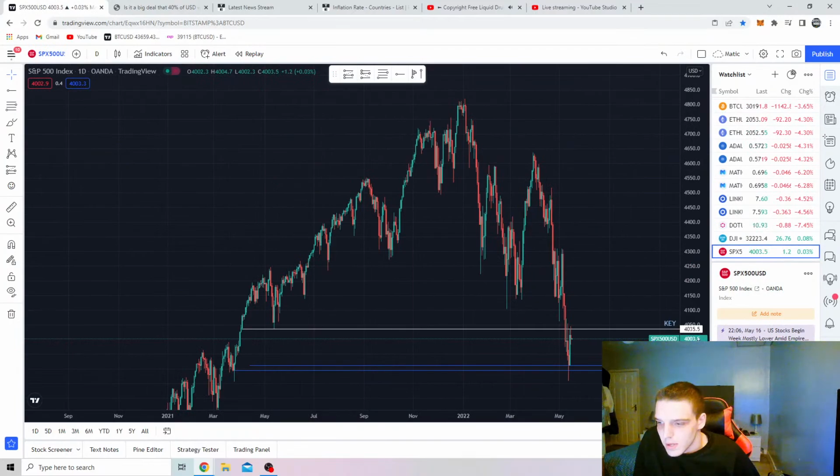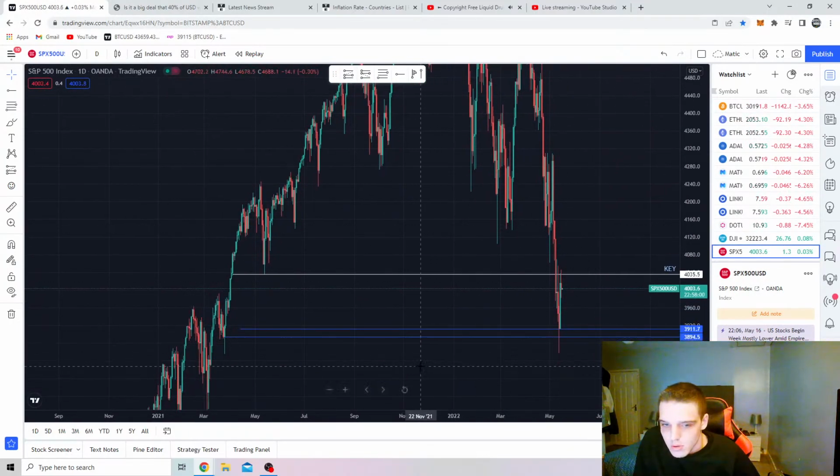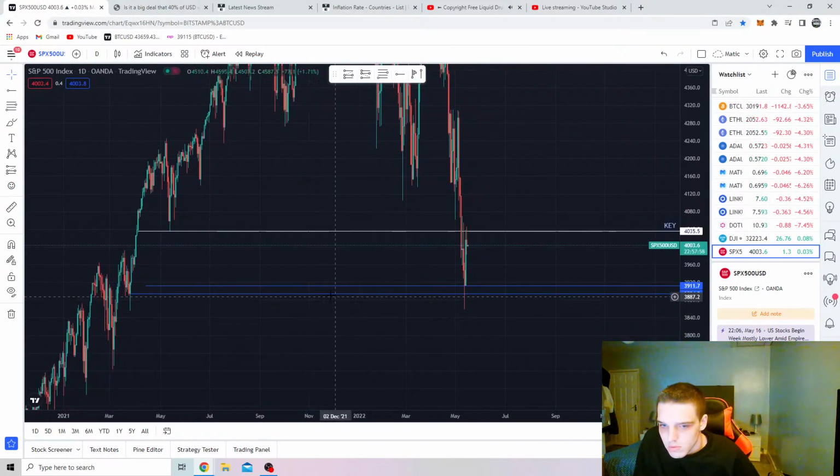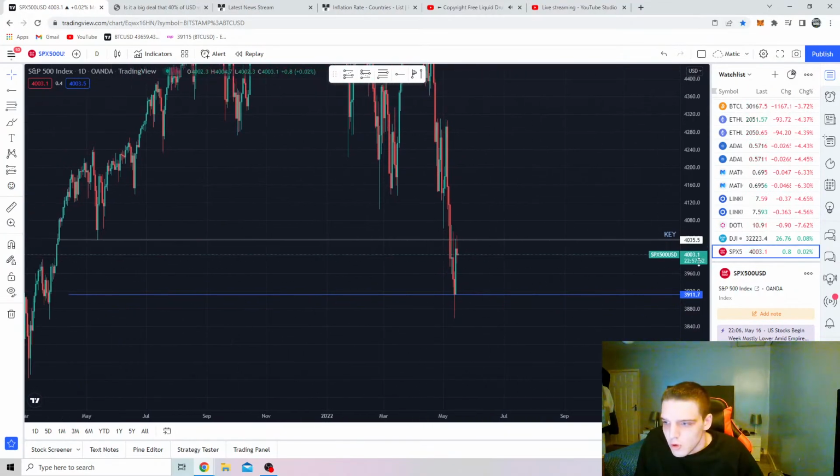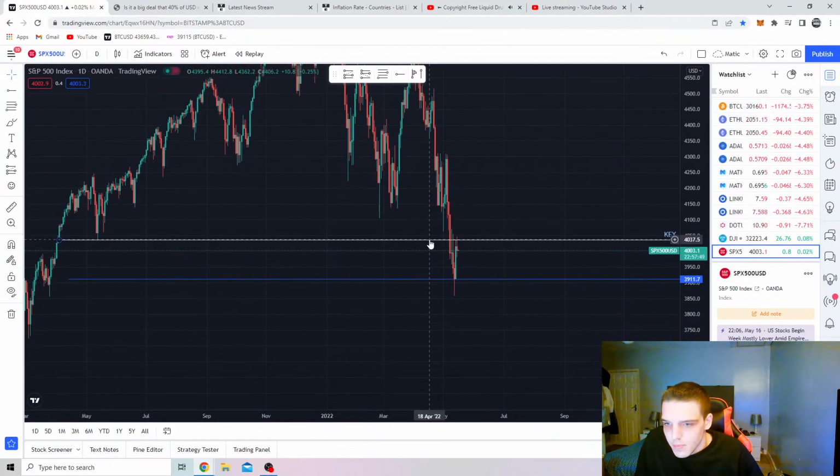And if we take a quick look at the S&P 500, so where's the irrelevant one? We'll get rid of that one. So as you can see at the moment, this is the COVID low, and this is the key area essentially that we have got to break above.